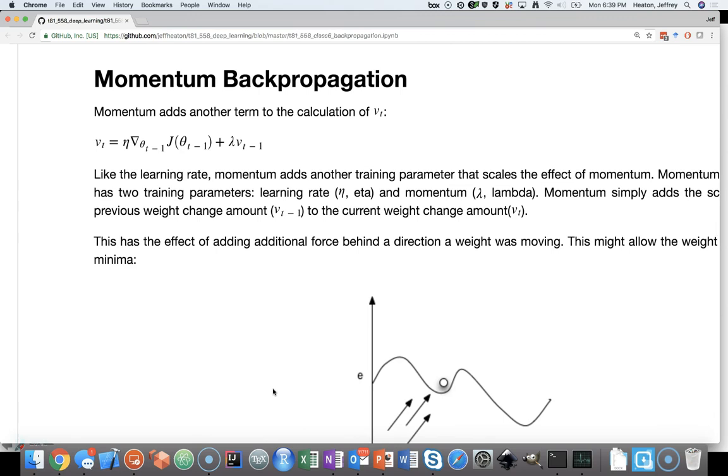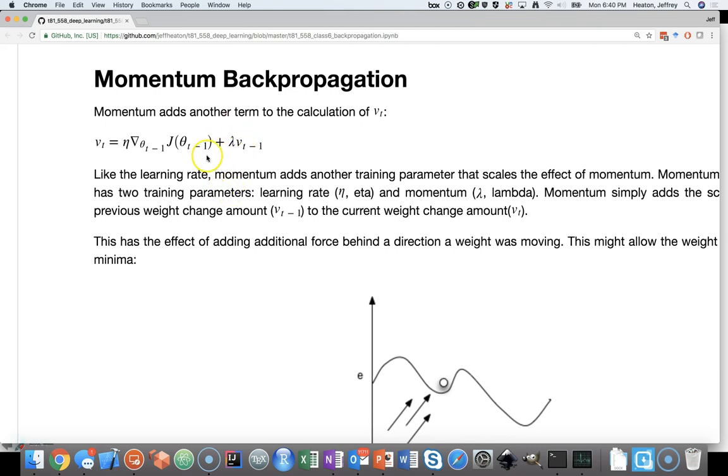You'll also hear momentum backpropagation. What is cool about that is you add a momentum term, lambda, and all you're doing there is taking the v, the change in weight from the previous iteration, and scaling it. It's usually about 0.9.